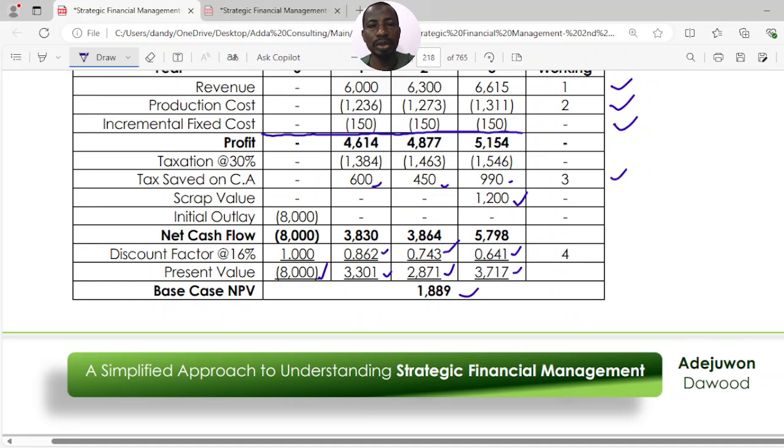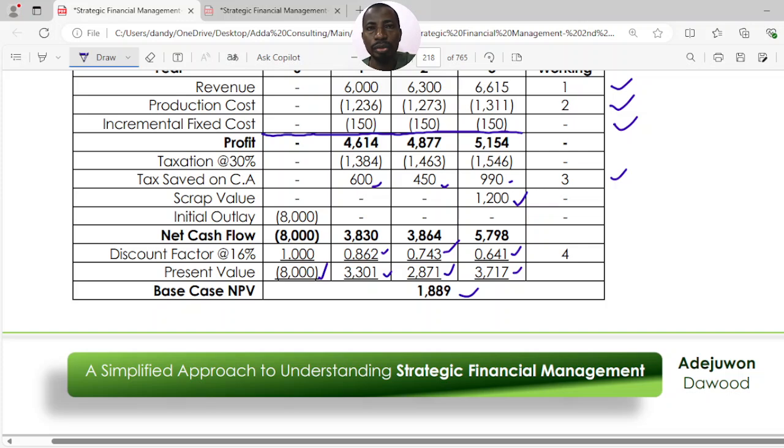So the next we want to do now is to solve for PV of financing effect cash flow. Like I explained earlier on, the first thing first you need to do is to ascertain whether you want to use cost of borrowing or risk-free rate of return as the discount rate for the financing effect cash flow.